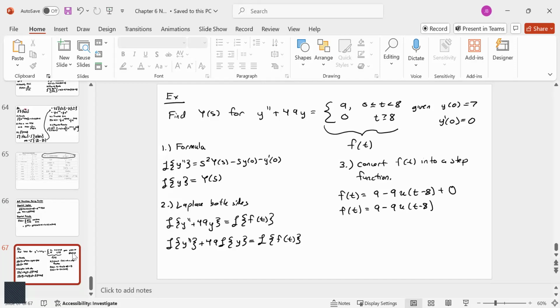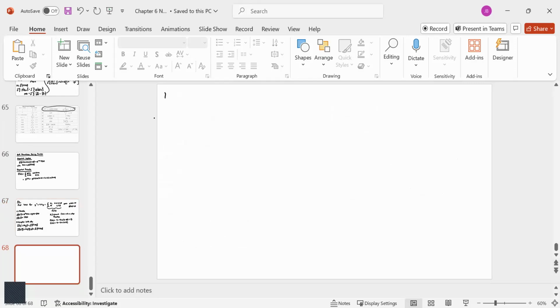And so then step 4 is now we are going to evaluate the Laplace transformation and plug in initial conditions.